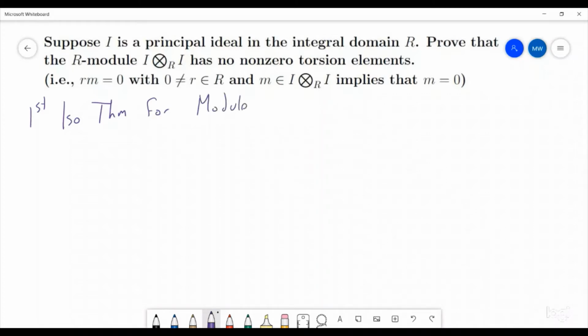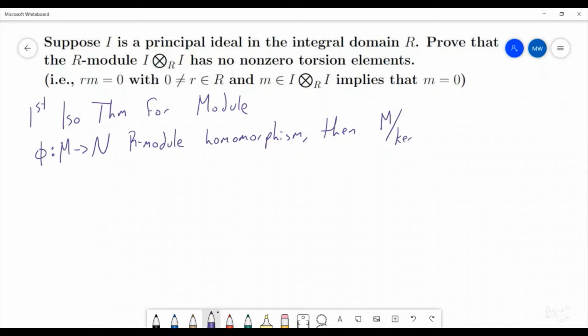What this says is that if you have phi defined from M to N is an R module homomorphism, then that means that M modded out by the kernel of phi is isomorphic to the image of M.